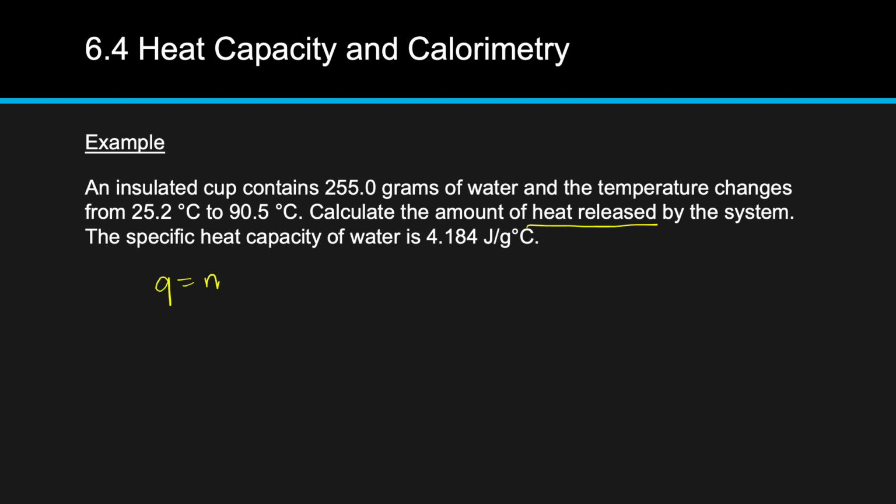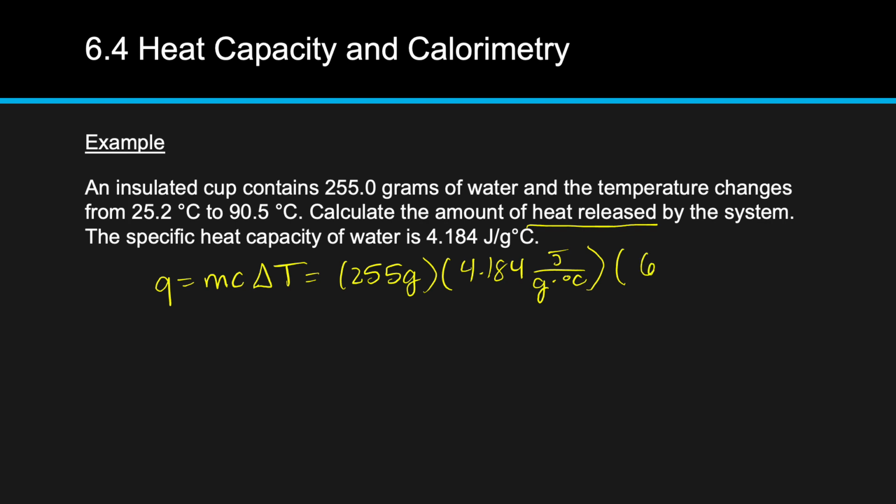We know Q equals mc delta T. M is mass, so grams. That will be 255. Specific heat of water is 4.184. And then our change in temperature would be the difference between 90.5 and 25.2, which is 65.3 degrees Celsius.